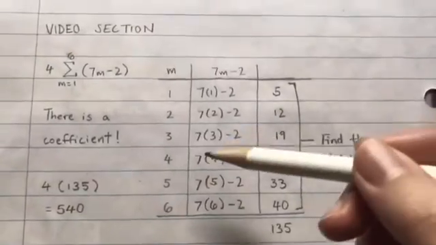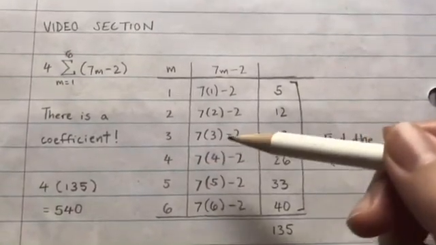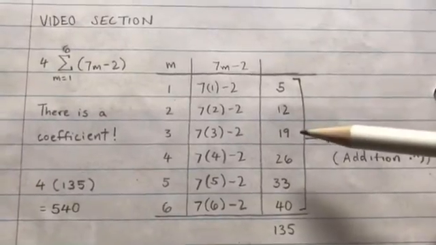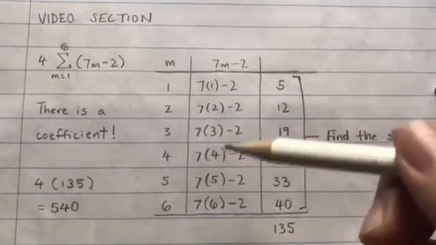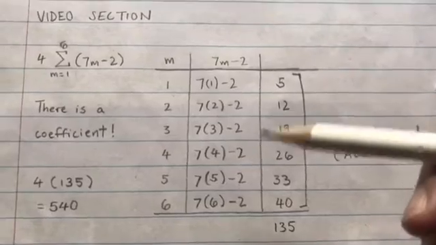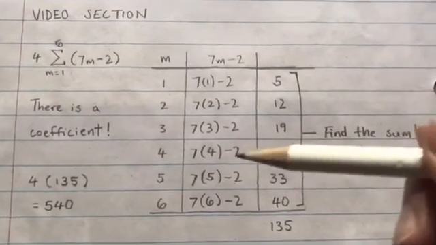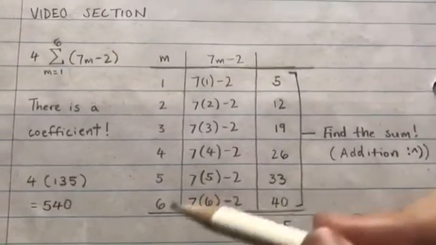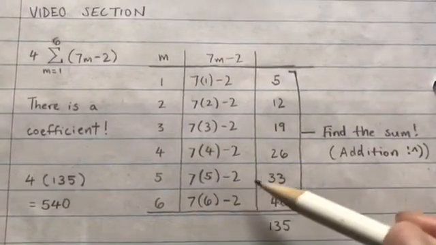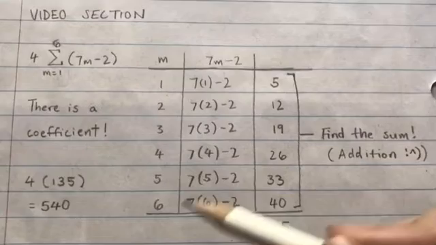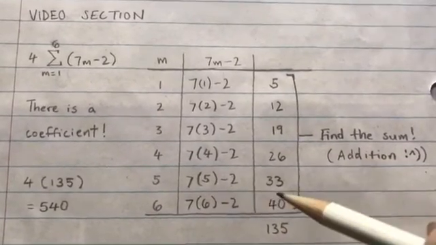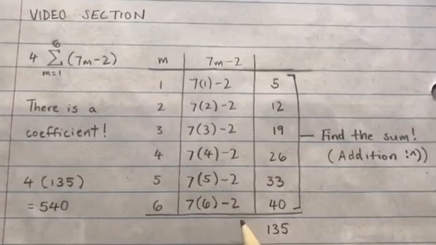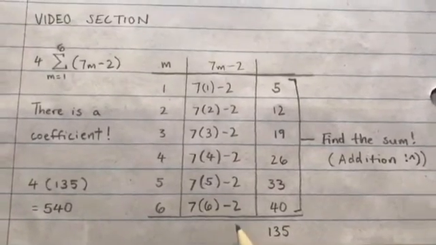Our third sum would be 7 times 3 minus 2, which is 21 minus 2 equals 19. For sum 4, 7 times 4 minus 2 equals 28 minus 2, and that would be 26. For sum 5, 7 times 5 minus 2, and that would equal 35 minus 2 equals 33. And then for our sixth sum, we do 7 times 6 minus 2, which is 42 minus 2 equals 40.